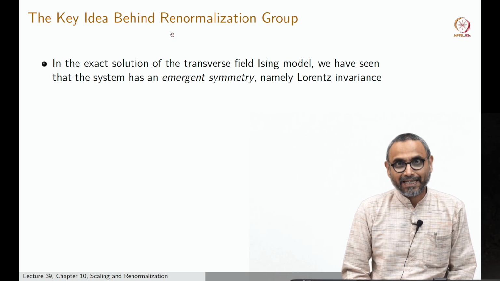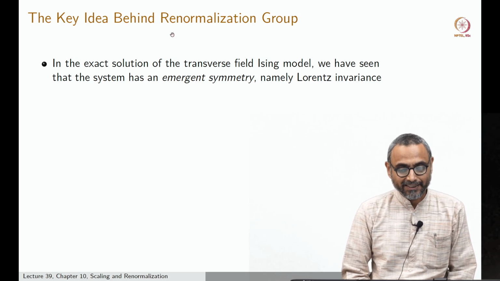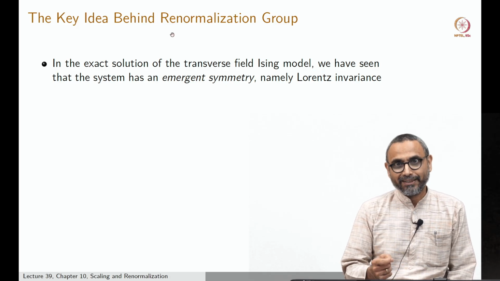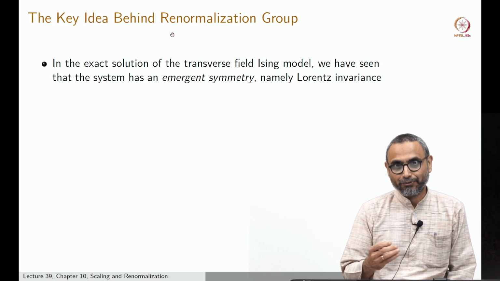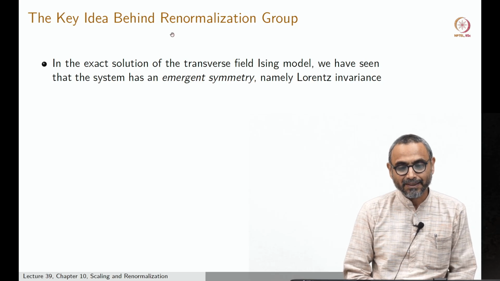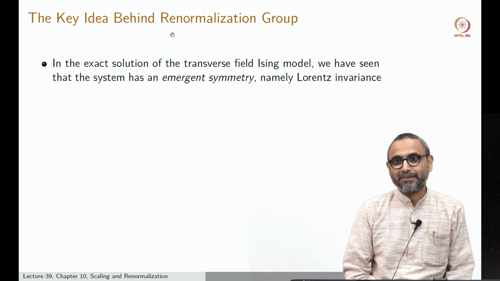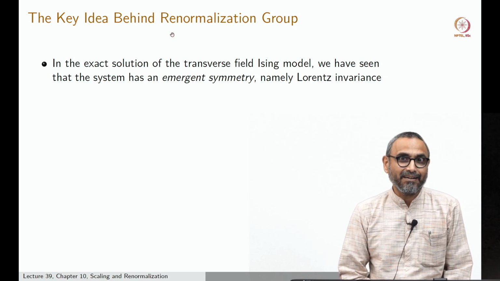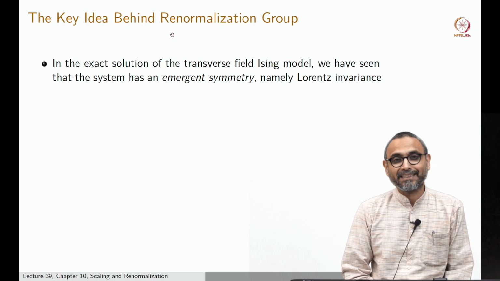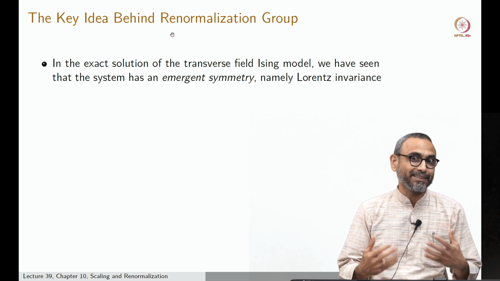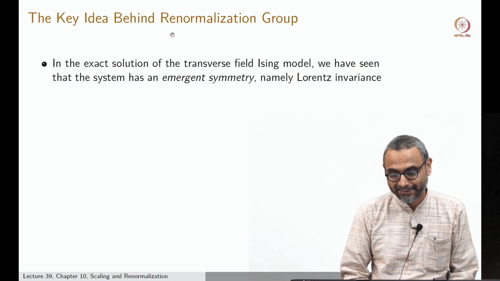We solved it exactly by using the Jordan-Wigner transformation, etc. And what we found was that at the critical point where you have a phase transition, you also have an emergent symmetry. And we made it a point to emphasize while discussing this that symmetry, at least at low energies, can be emergent.